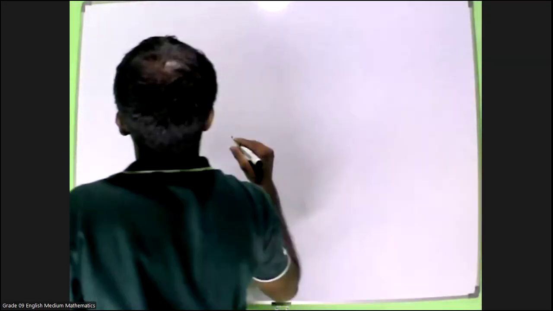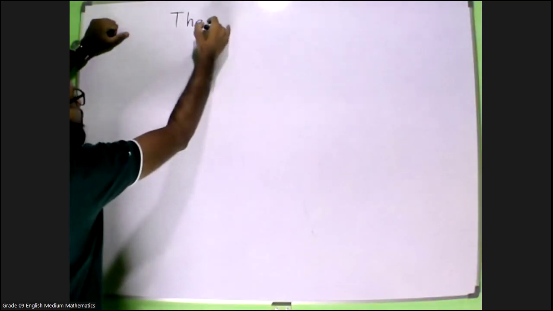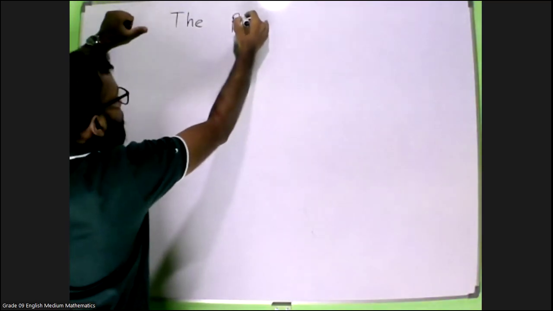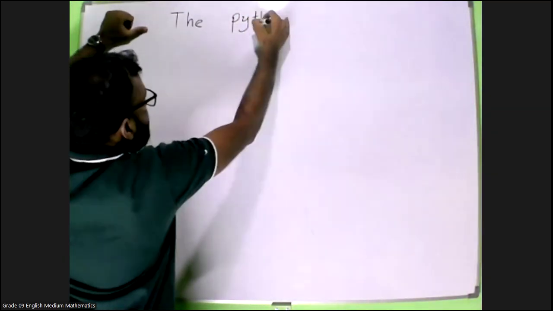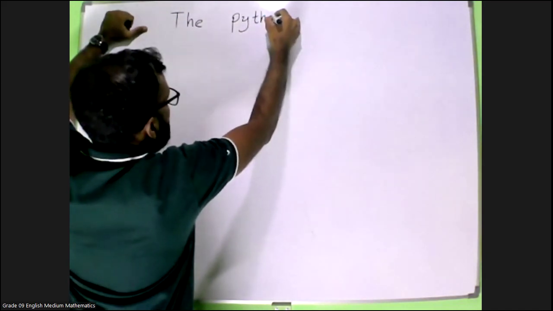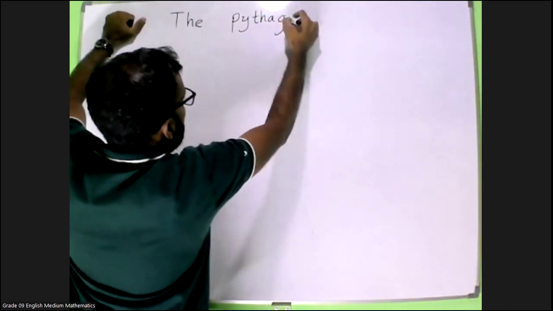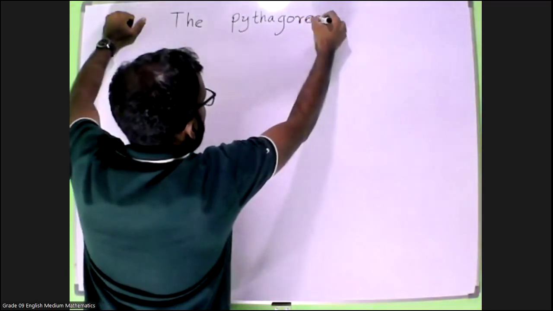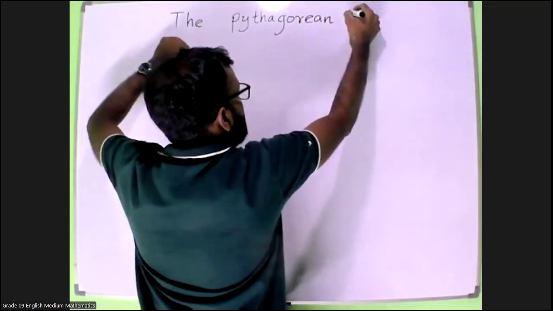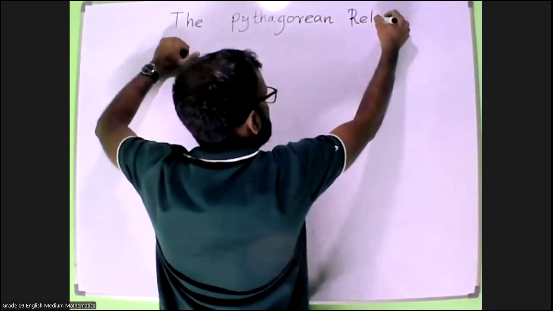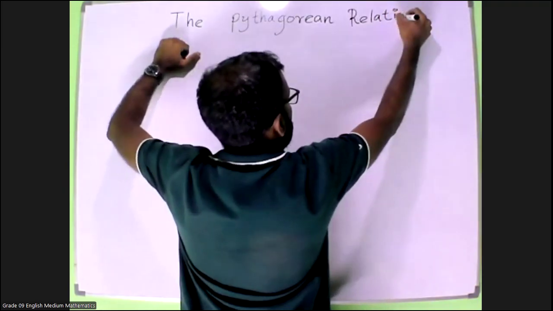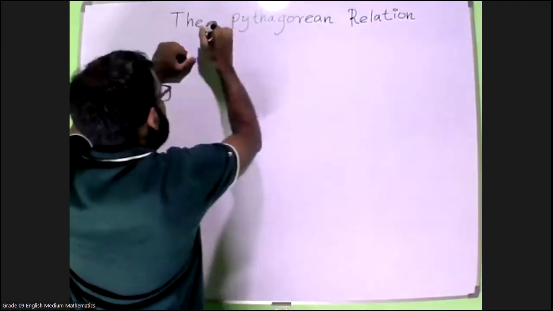So basically, it's called the Pythagorean relation. Now we are going to discuss the Pythagorean relation.